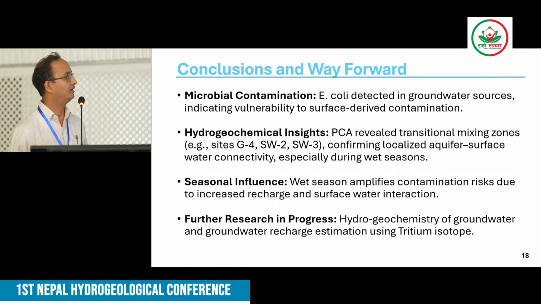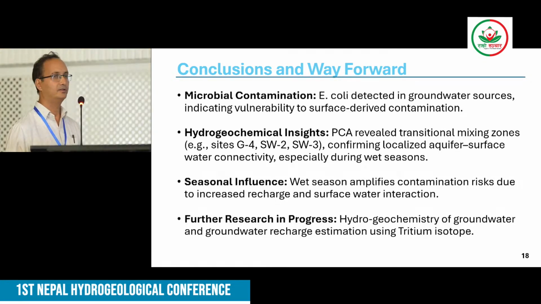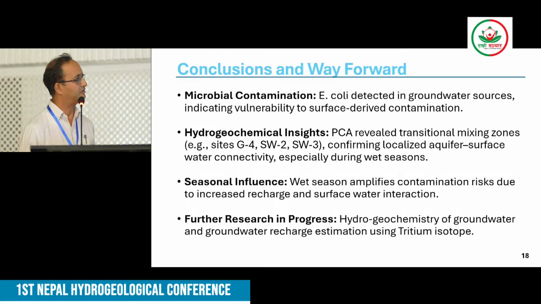The principal component analysis revealed that there is transitional groundwater mixing in groundwater sites number 4, 2, and 3. So it indicates there is localized leaching from the surface water sources to the groundwater sources.